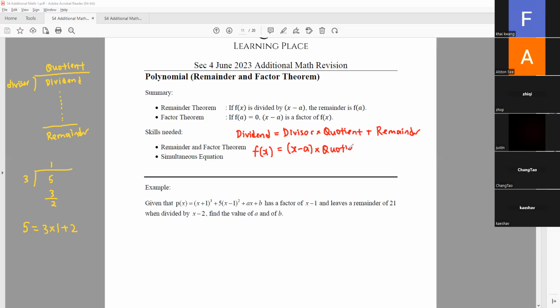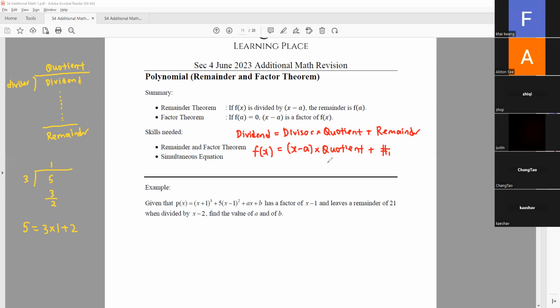If my divisor is x minus a, my remainder will be a number. Your remainder has always one power lesser than your divisor, meaning if my divisor is x squared, my remainder will be in the form of ax plus b. If my divisor is x cubed, my remainder will be ax squared plus bx plus c.